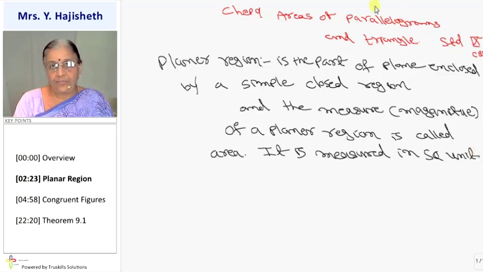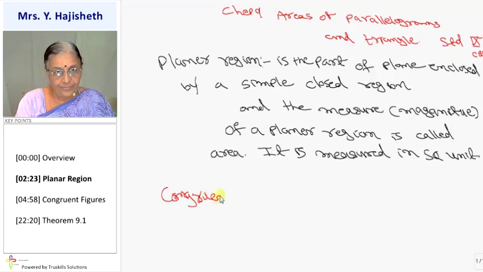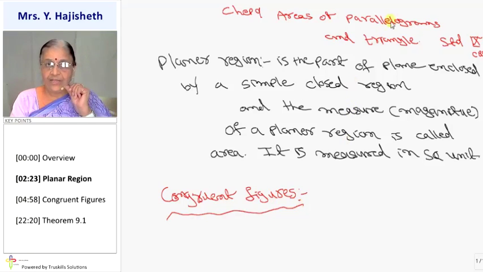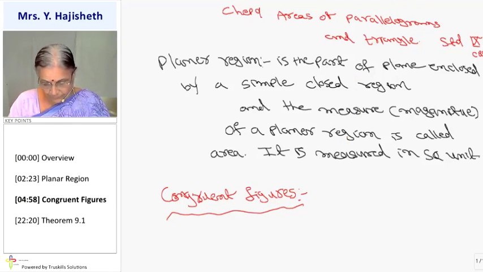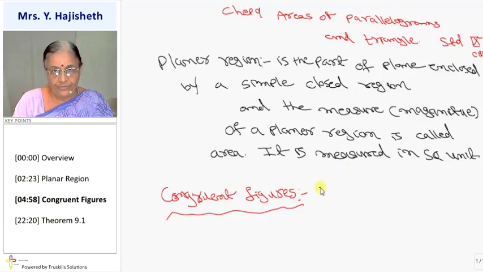Now see, in your previous class, and in previous topics also, you have learned about congruent figures. Remember? What do you mean by congruent figures? When can you say that two figures are congruent?